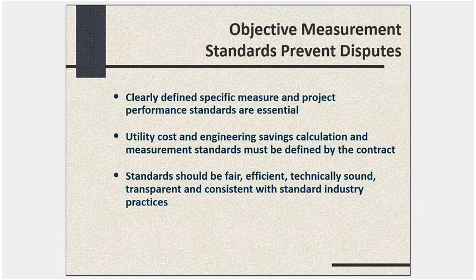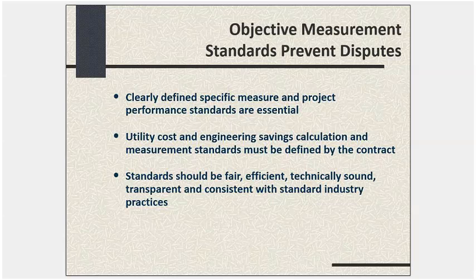Clarity is good. Uncertainty or undefined terms are not good. If you lay out these measurement standards clearly, which the typical engineering savings calculation contract will do, then that'll work fine, and in the vast majority of cases, they're not an issue.